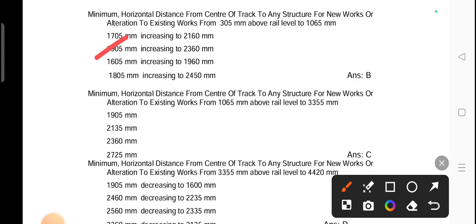From 1065 mm above rail level to 3355 mm: 2360 mm.